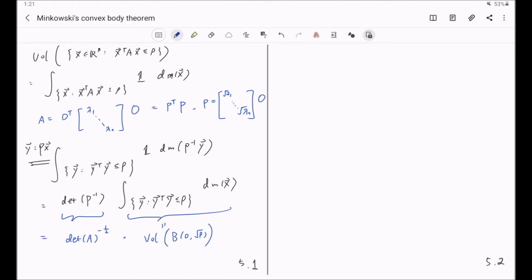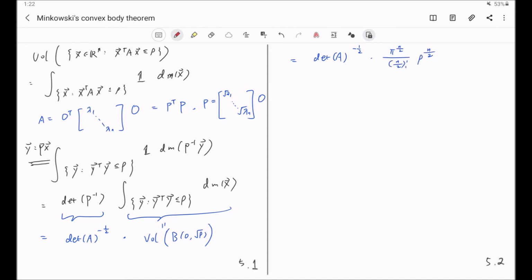So we get the product of those two things. And by multivariable calculus, the volume of this guy has this formula.